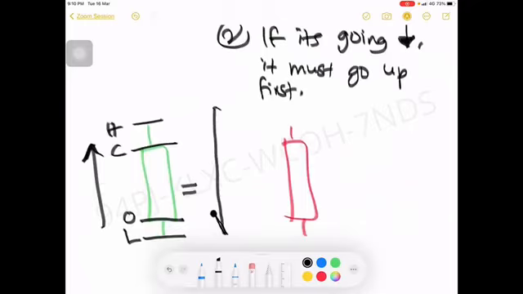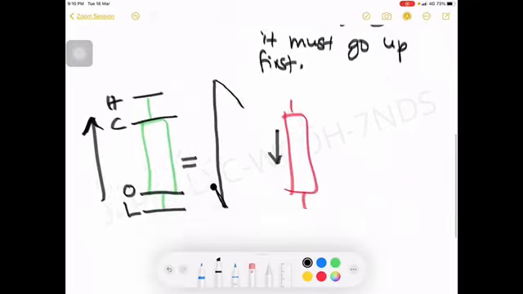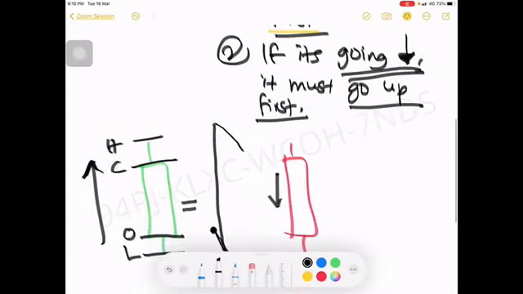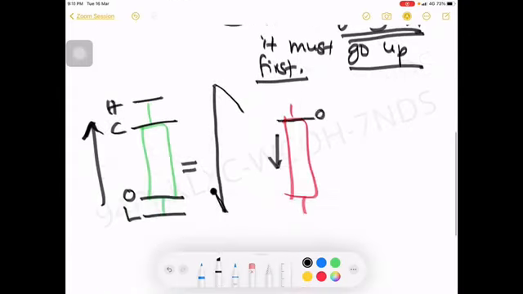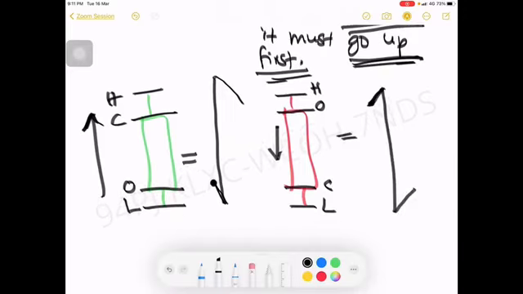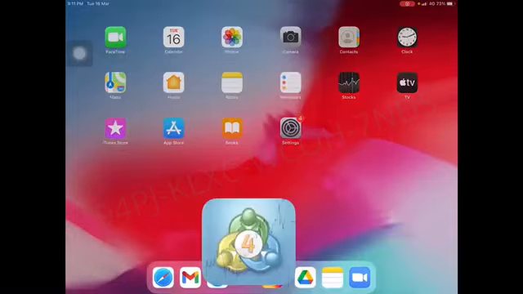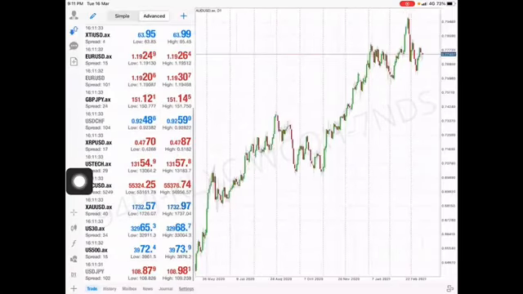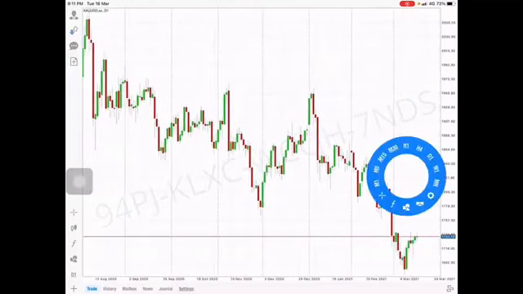It's going to go down first to the low, go up to the high, and then close. For the other case, the opening will be here, and it needs to go up first, then to the low and close.